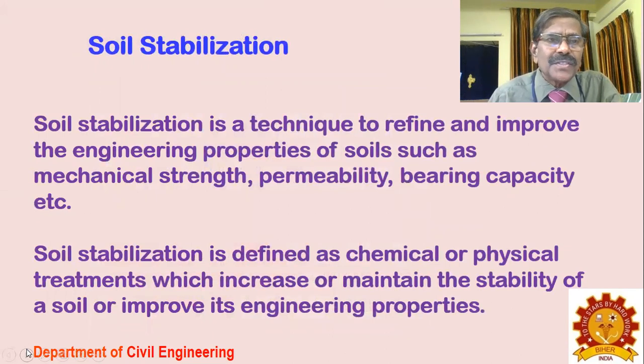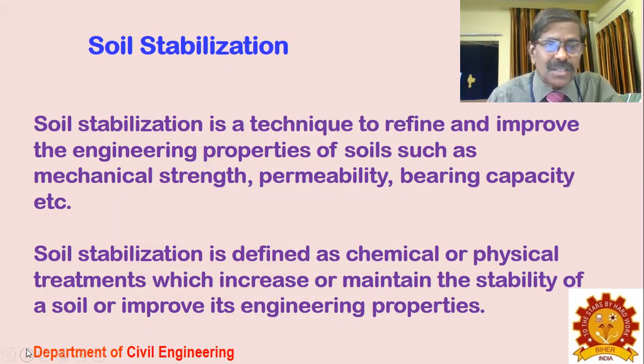Then stabilization. Soil stabilization is a technique to refine and improve the engineering properties of the soil, such as mechanical strength, permeability, bearing capacity, or angle of internal friction, things like that.